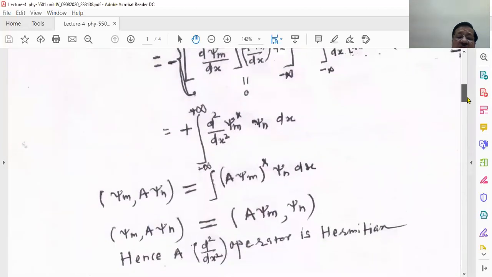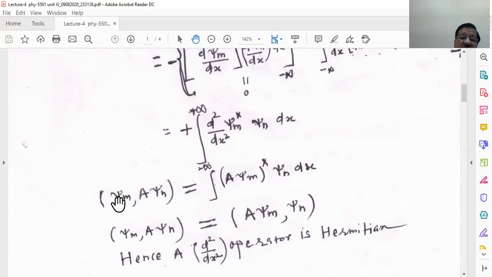Now I can write this as operator A. So I can combine this: d square by dx square acting on psi m star is replaced by A psi m star, and I can write this step as A psi m with the complex conjugate of the entire term, times psi n dx.